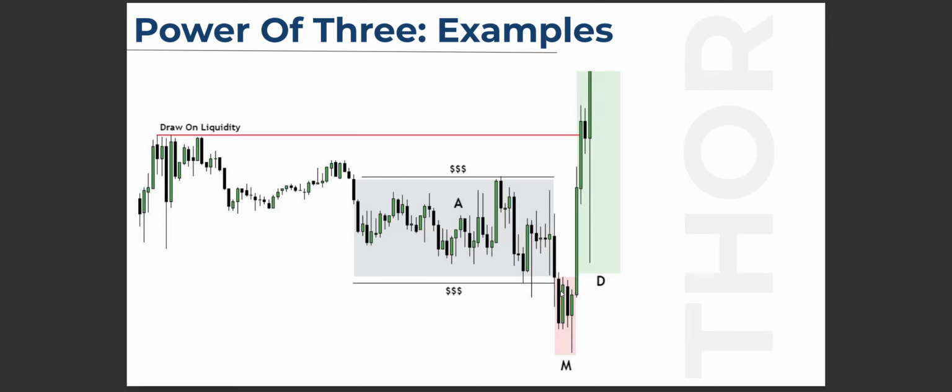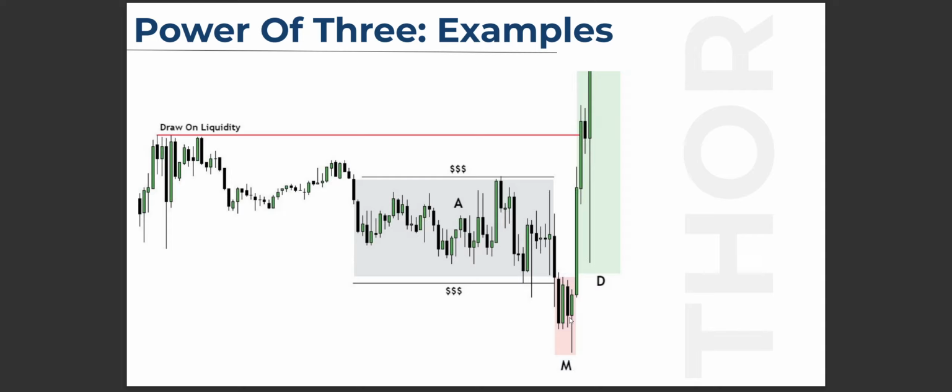So first example here, we have equal highs, right? Buy stops resting above it, drawn liquidity. The price accumulates, range bound, goes back and forth, generates liquidity here at the highs, buy stops, and at the lows, there will be sell stops. And it breaks out of the range to the downside, right?